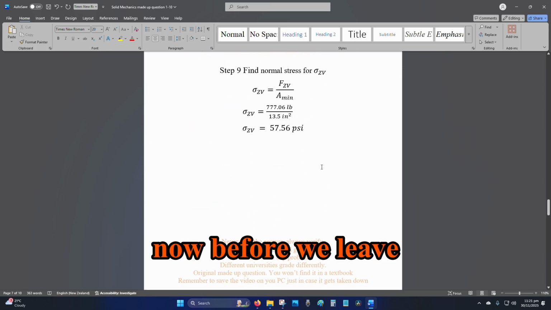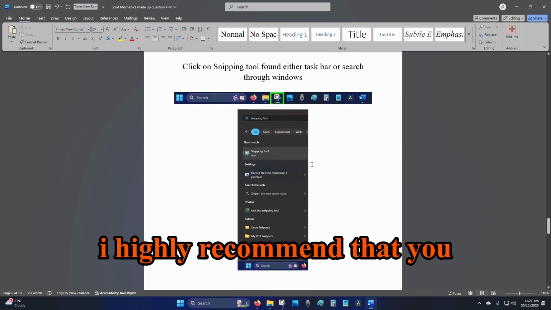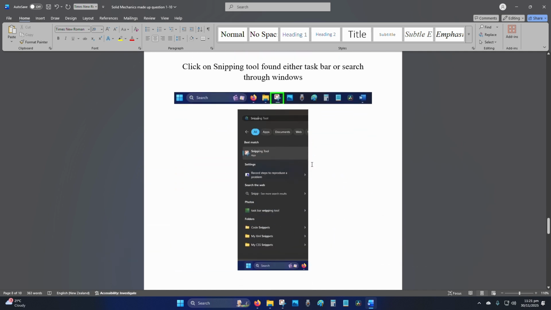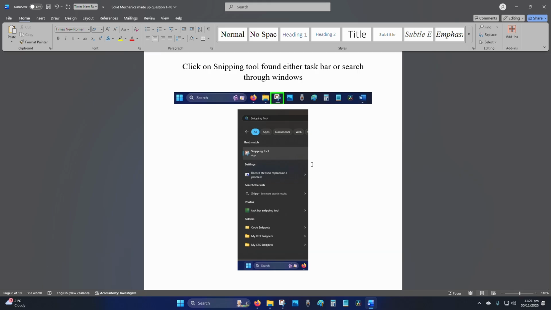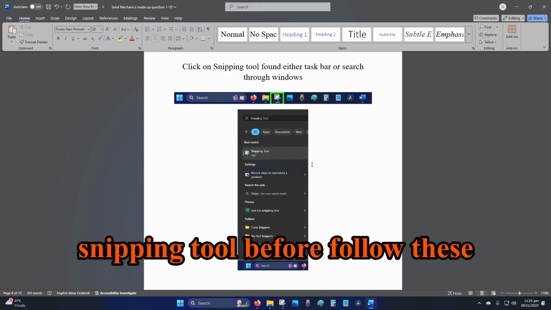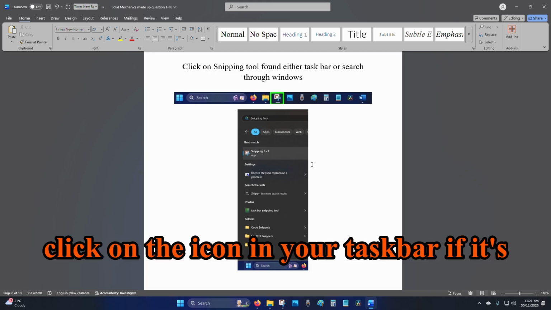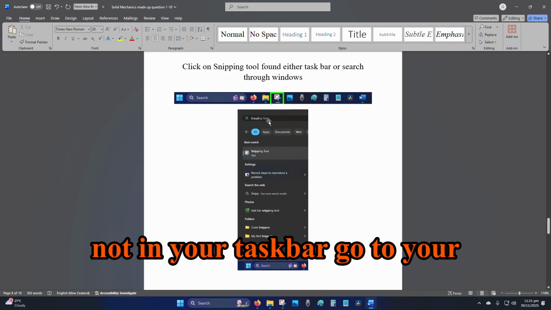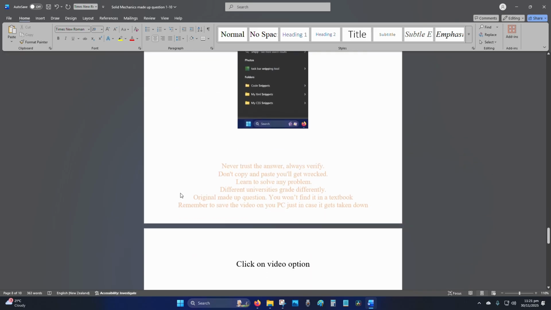Alright, now before we leave, I highly recommend that you save this video onto your PC. If you're on a Mac, use the Mac equivalent of snipping tool. If you've never used snipping tool before, follow these instructions. Click on the icon in your taskbar. If it's not in your taskbar, go to your Windows search, type in snipping tool, open up the program.